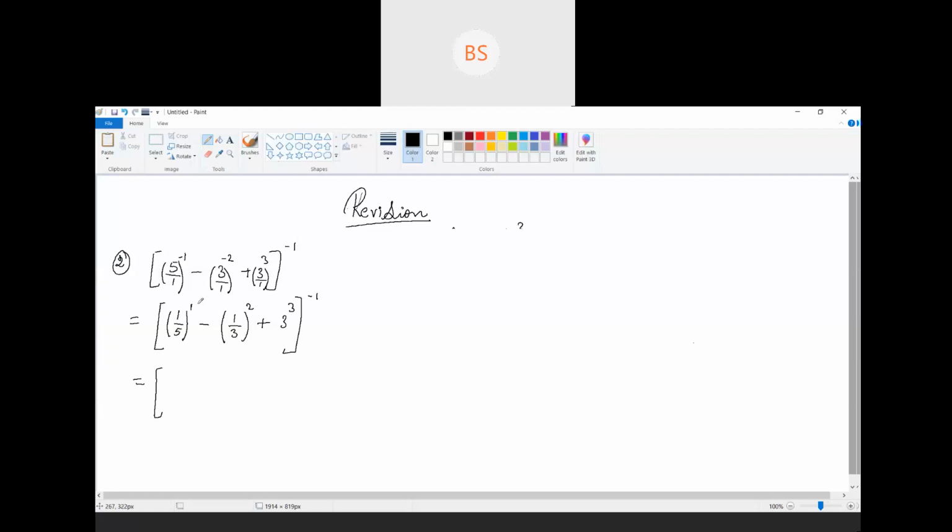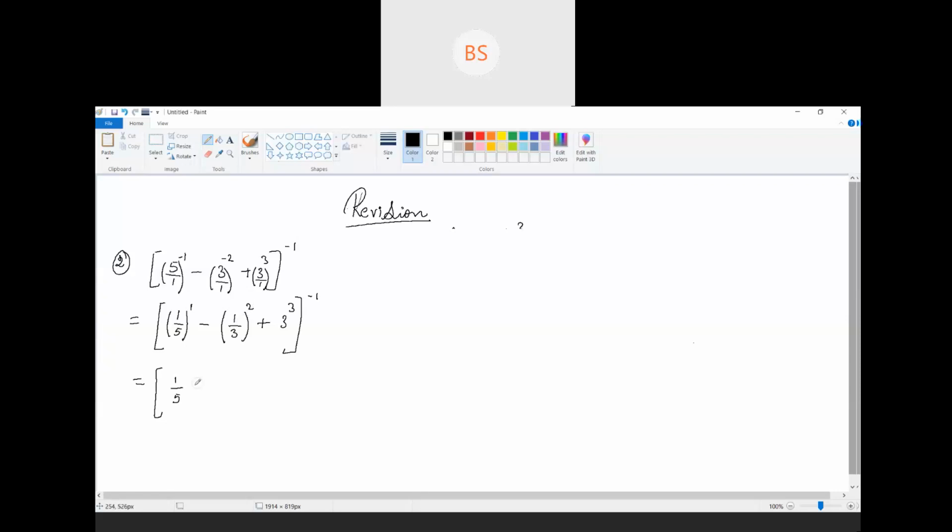1 upon 5 raised to 1 will remain 1 upon 5 itself. Here we have 1 upon 3 raised to 2. Means what? 1 square and 3 square.